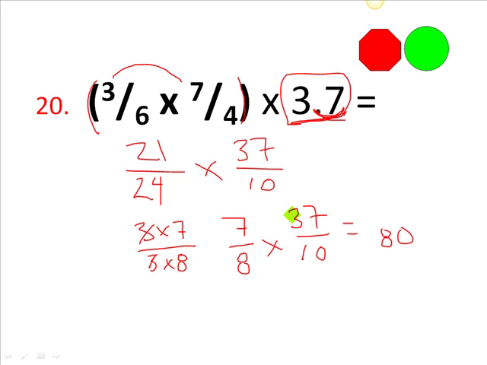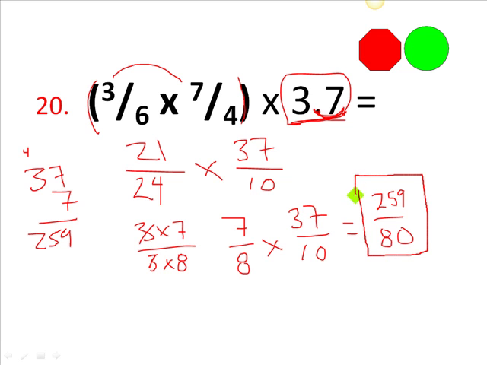And 7 times 37, let's see, 7 times 7 is 49. Carry my 4. It's 21, 25. 259 is my numerator. All right, there's my improper fraction that is the correct answer.